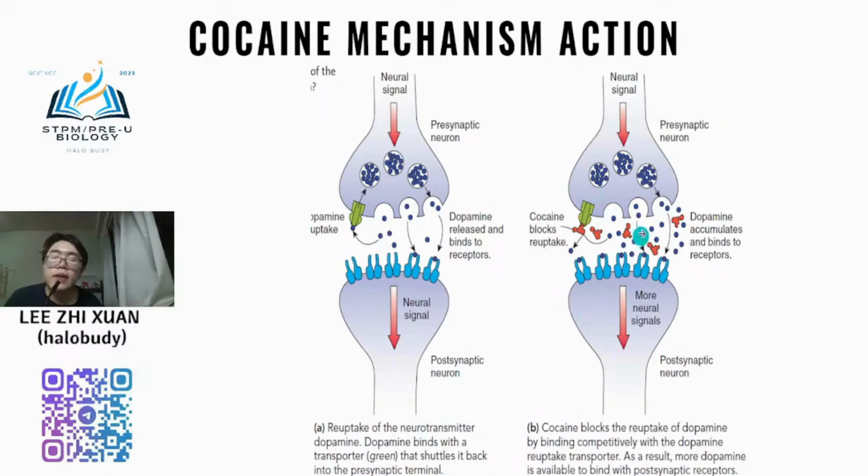So it cannot accumulate here, because the cocaine is not blocking. Once the dopamine binds to the receptor, it will be taken up again, so you cannot maintain a high concentration of dopamine at the synaptic cleft. So in the end, to trigger the action potential, you need to consume cocaine. That is one of the reasons why people who consume cocaine are easily addicted.